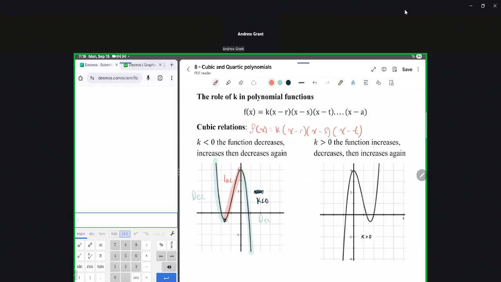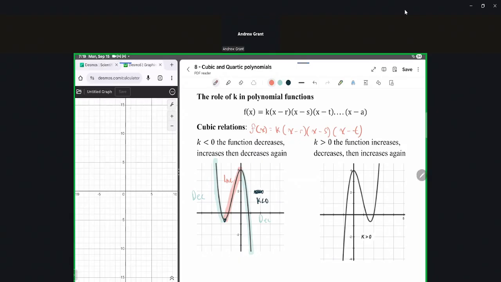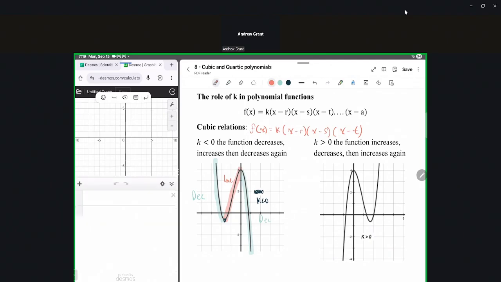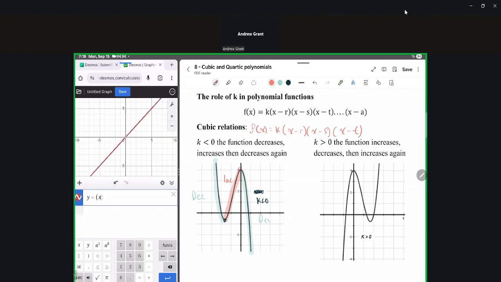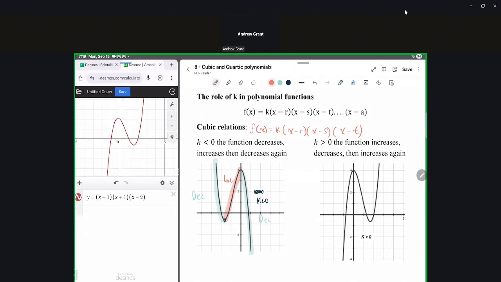So if you have a look at this graph on the left side here, suppose I had y is equal to (x minus 1)(x plus 1)(x minus 2). You can see it has this general squiggle. It goes up, down, back up.